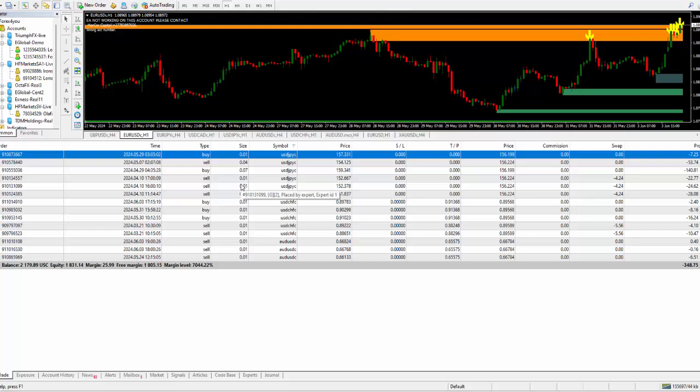Let me see. You can see on the screen now, it says placed manually. So it's like I mistakenly placed this trade manually, because it isn't supposed to be manual. This one is placed by the expert advisor, which is the normal trade, and this one should be manual again. That means something is wrong when I'm adjusting this.